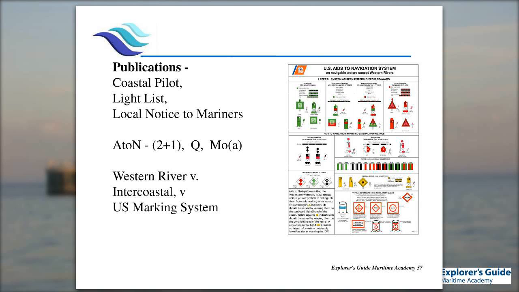We've got our red even triangles, and we've got our green odd squares. And the key thing on this is you've got to remember if we're going out to sea or returning from sea. It may be red right returning, but it's definitely green right leaving. And again, I would go through those aids to navigation that we have within the book that explains the various aids to navigation in that presentation.